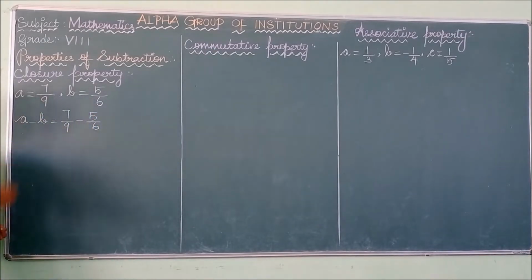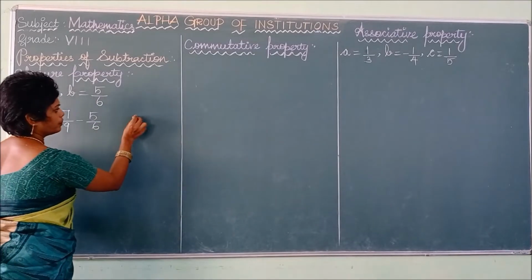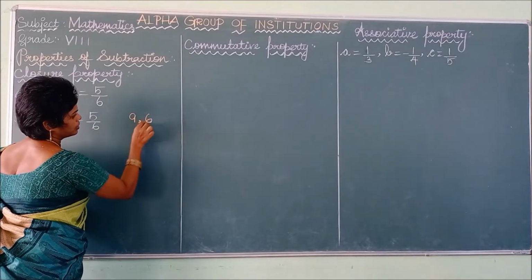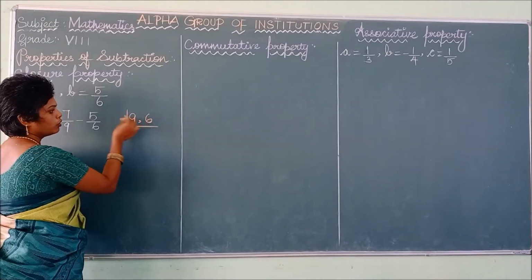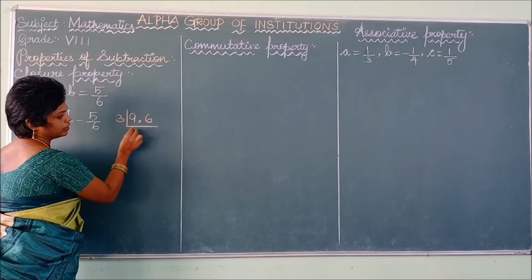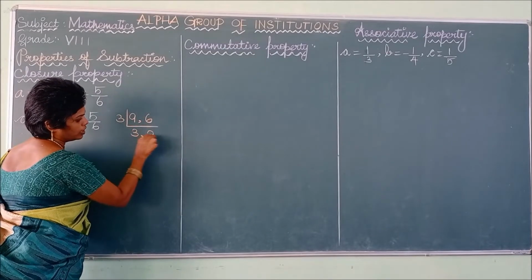So look at the denominators. If the denominators are the same, we can add or subtract the values. But if the denominators are different, we can check the LCM. So take the LCM of 9, 6. This is odd, this is even, so we can use the 3 table. 3 3s are 9, 2 3s are 6.